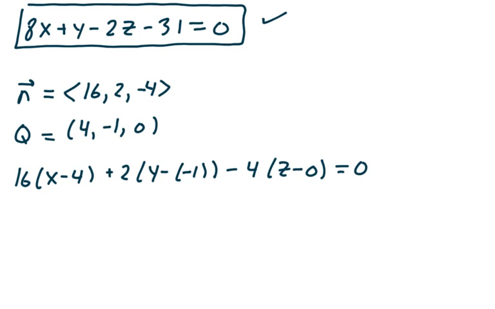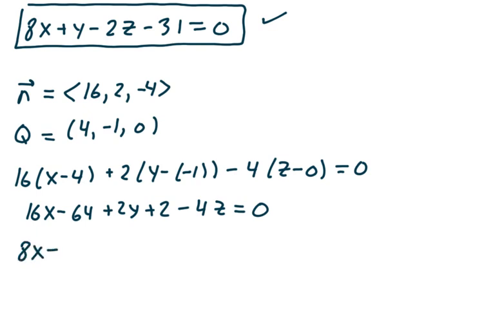So if we do that and simplify, we should come up with this equation. Now, look at what we have. 16x minus 64 plus 2y plus 2 minus 4z equals 0. Divide through by 2. So 8x minus 32 plus y plus 1 minus 2z equals 0.